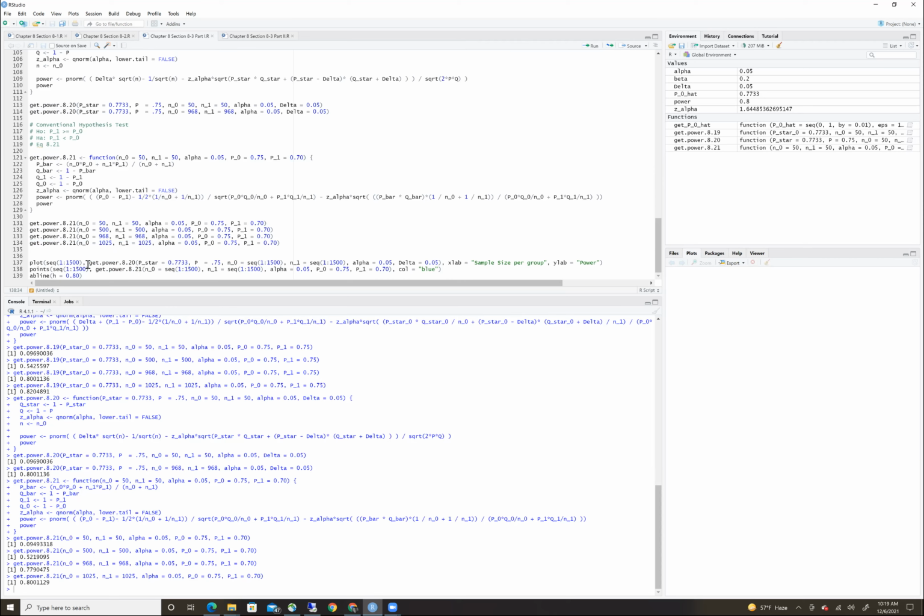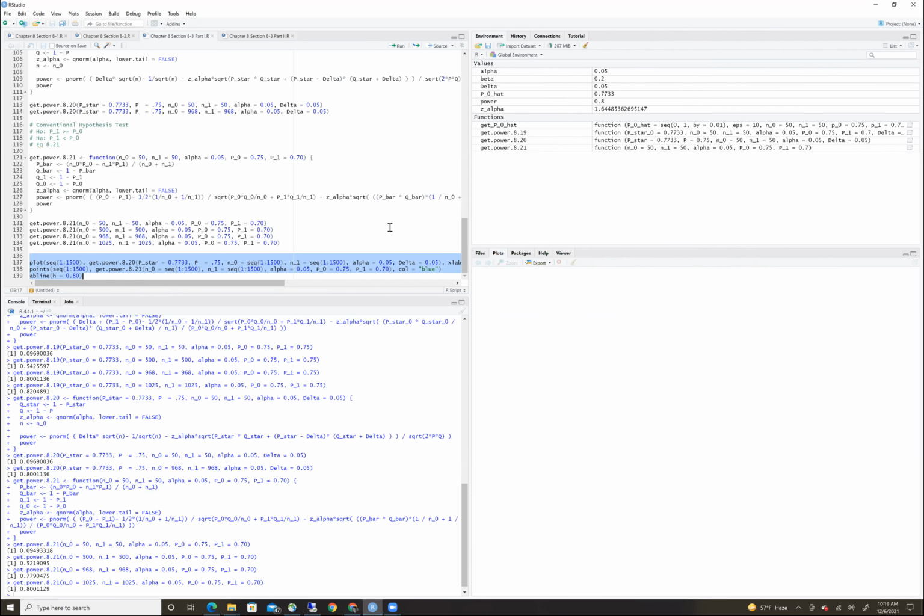As a reminder, the power under 8.20 is for the non-inferiority trial, whereas 8.21 is your conventional hypothesis test. We can make all those calculations and get a plot of the power, with a horizontal line at 80%. The black line is for the non-inferiority trial, and the blue line is for the conventional hypothesis test.